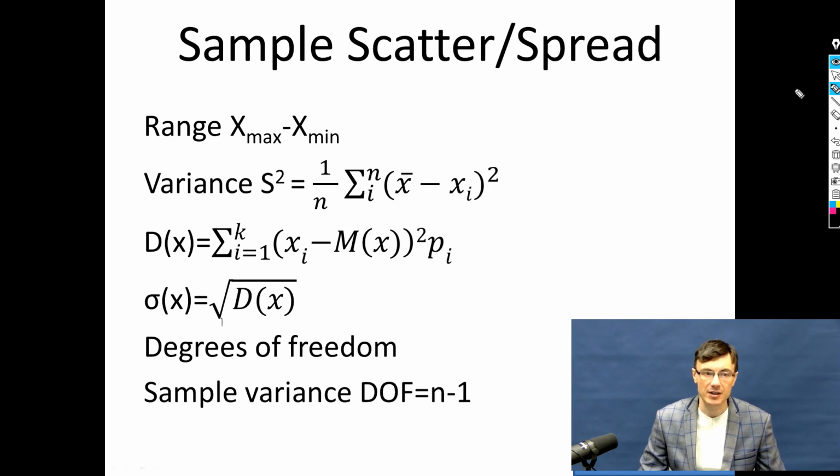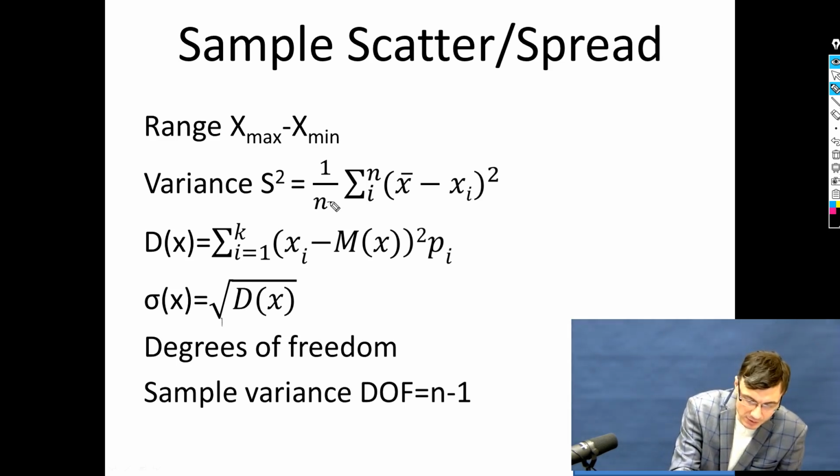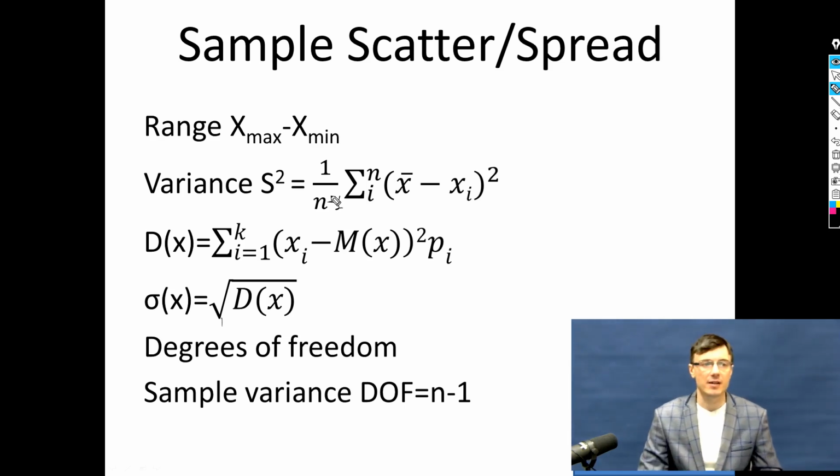And we divide it by the number of values in our whole sample. Sometimes we have to calculate this with n minus 1, and I'll explain it further later in lecture number 4.